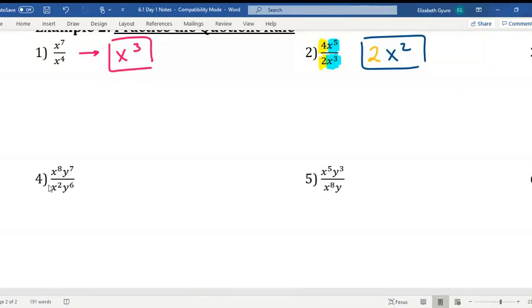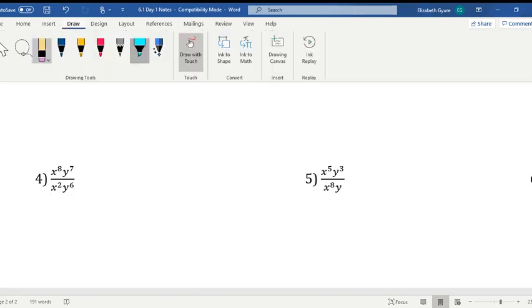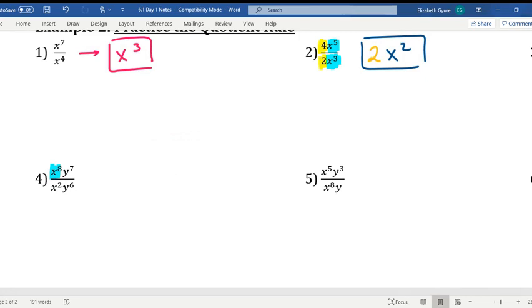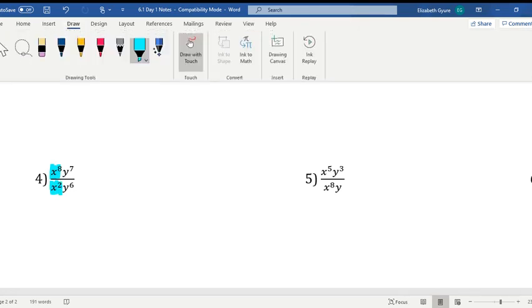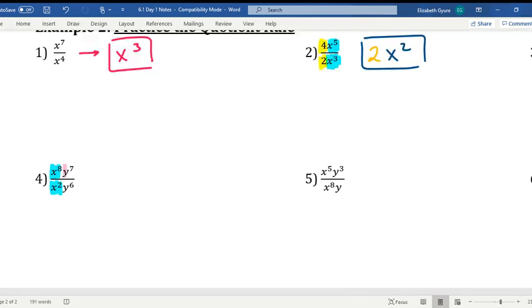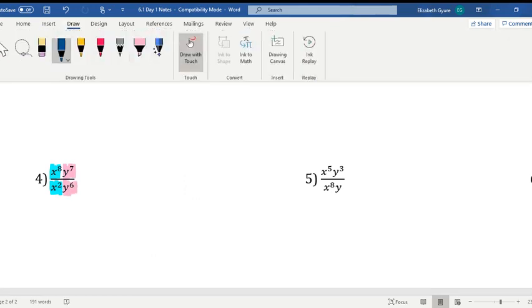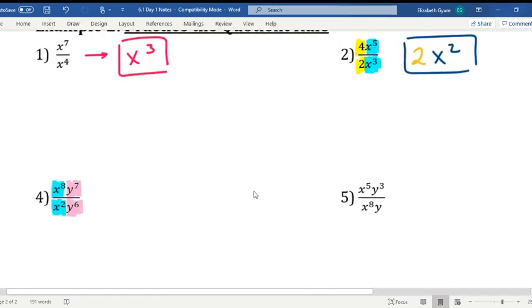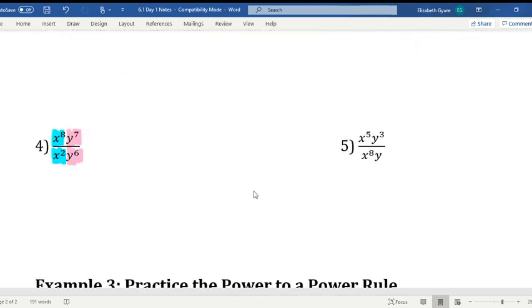So we are over here on number 4 now. We've got x's and y's. So again, keep your x's with your x's and your y's with your y's. Take a look at the x. Is my bigger exponent on the top or the bottom?